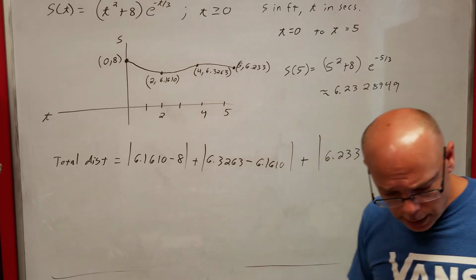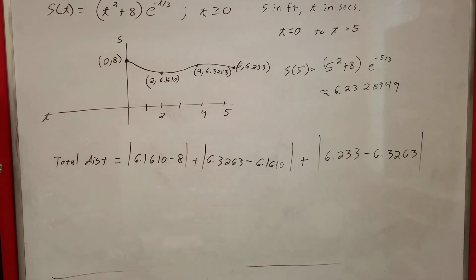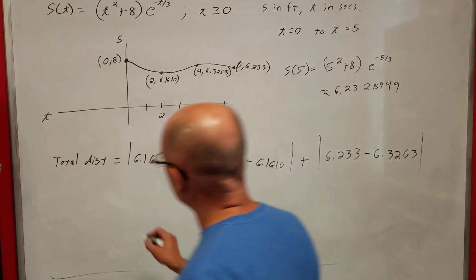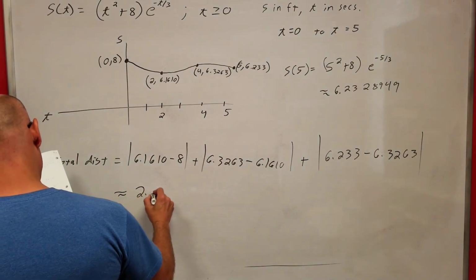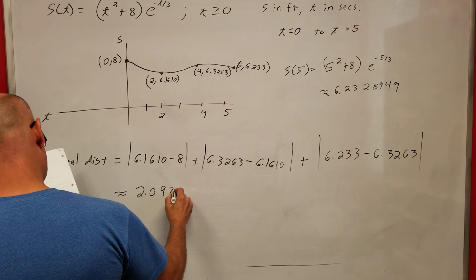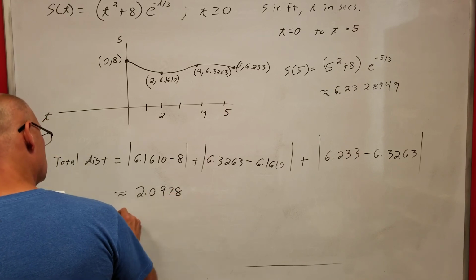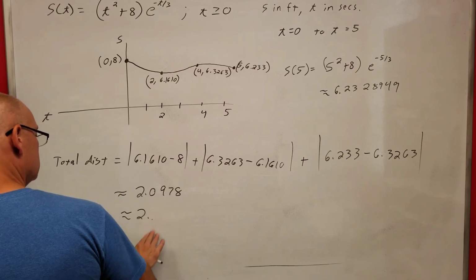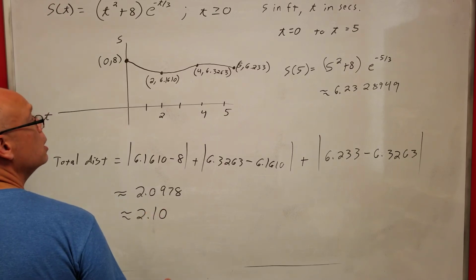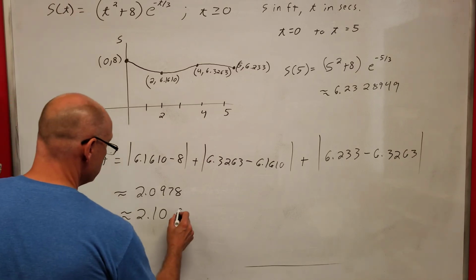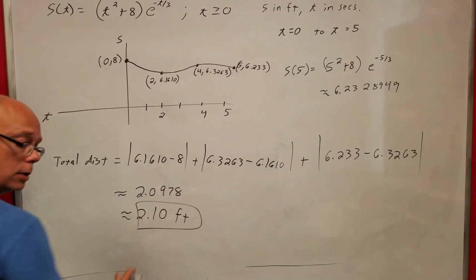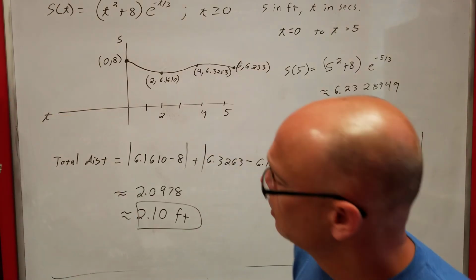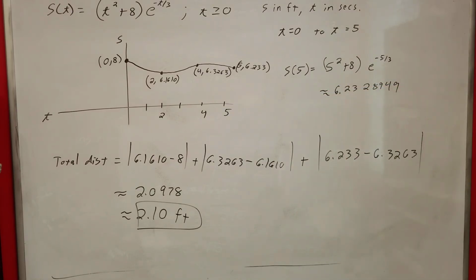And if I calculate all that and round to 3 decimal places, I get something like 2.0978, or approximately 2.10. And what is this measured in? Feet. I'm not real confident in that. Let me check myself because it was kind of scribbled in my notes. So let's see.